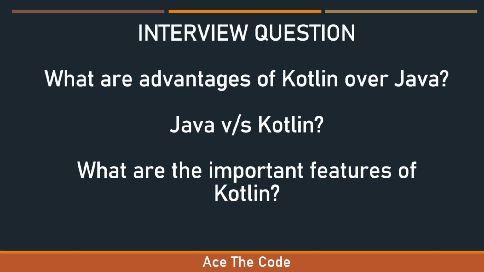It means that Java code can be used in Kotlin and Kotlin code can be used in a Java program. In Kotlin, we have a flexible when expression, which is useful to not only check for equality, but it can also check for range, for a condition, and for a type check.